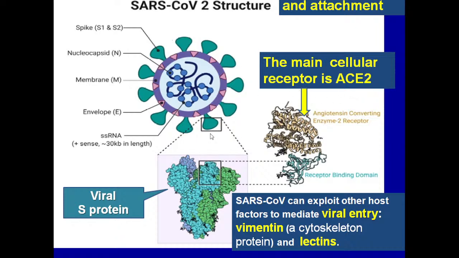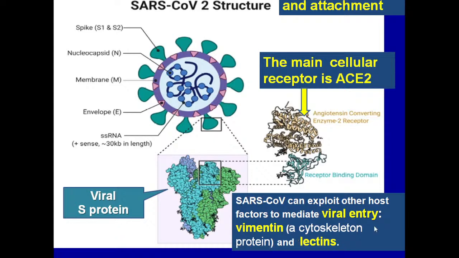You can see here that the viral S protein, the spike protein, can exploit other host factors to mediate viral entry. For example, vimentin, a cytoskeleton protein, and lectins.